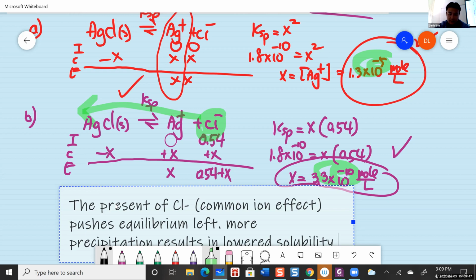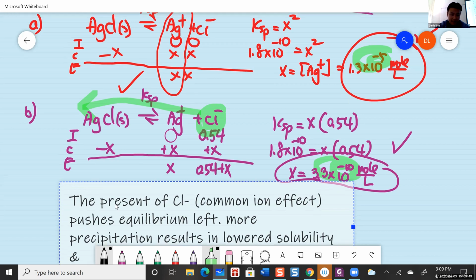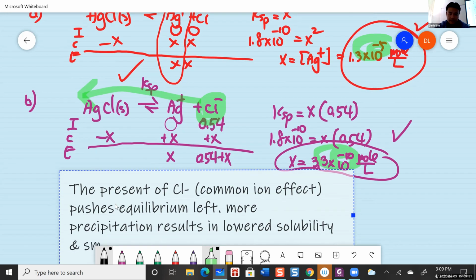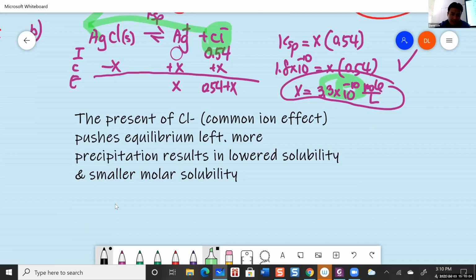The goal is that x is smaller, right? Smaller molar solubility, okay? So instead of saying x, I'm spelling out what x is. X is called molar solubility. That's the name for x. Alrighty, that's it. So 1 point for being able to explain common ion effect effectively, yeah? So please give yourself the points, total out of 4.